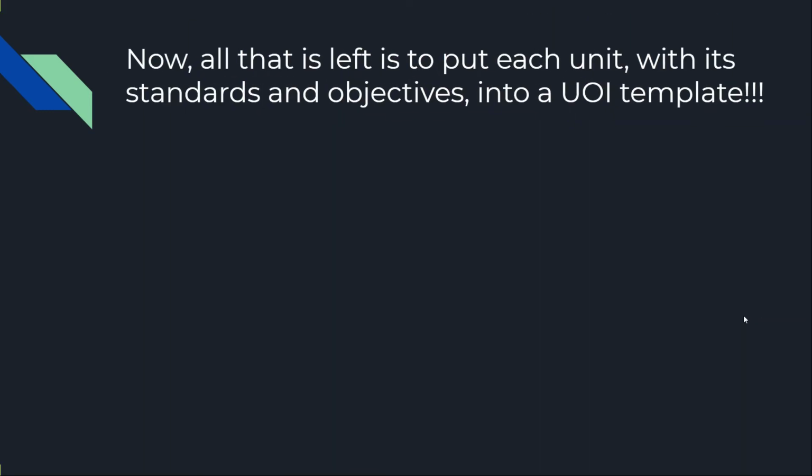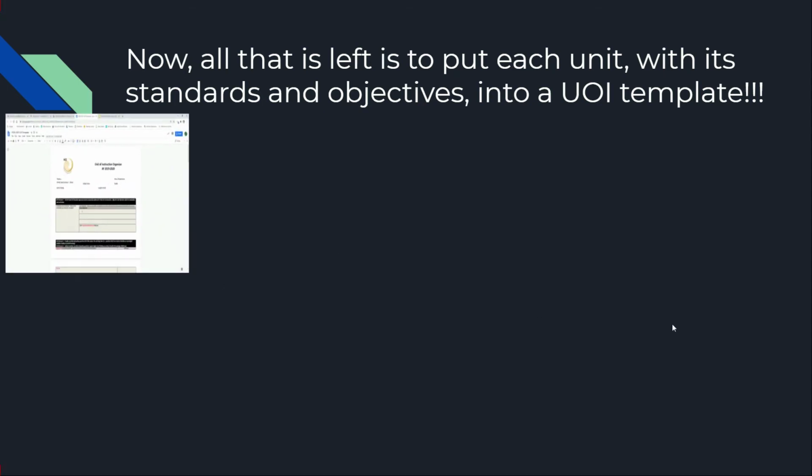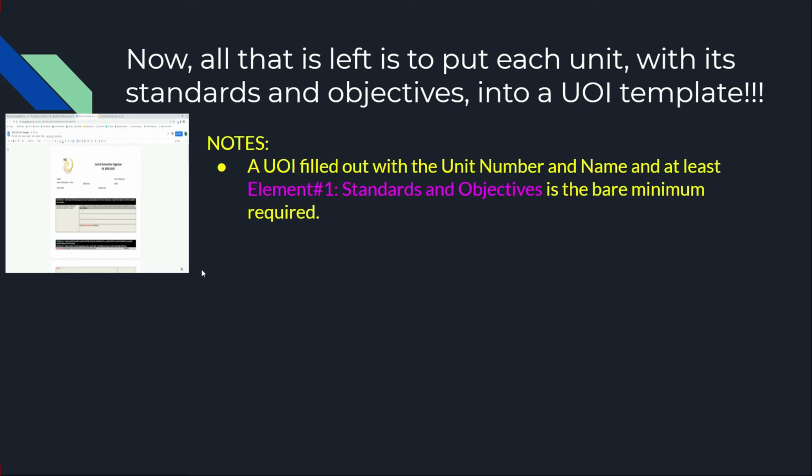Now, all that's left for you to do is to put them into a UOI template, because basically you've got what we call the bare minimum. So remember our little UOI template, and at one point I described what the bare minimum was, and that's where you have all this top part filled out with the unit number and name, unit 1, living things, and all this part filled out, the correct name up here.